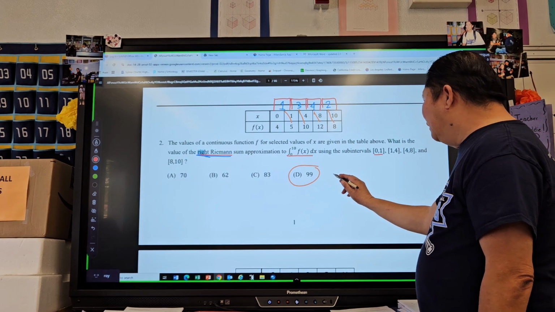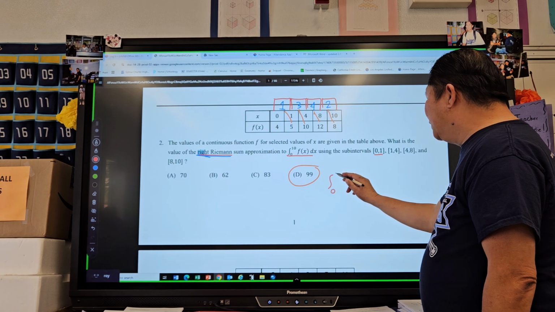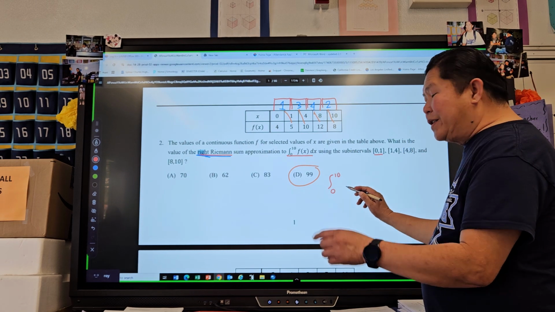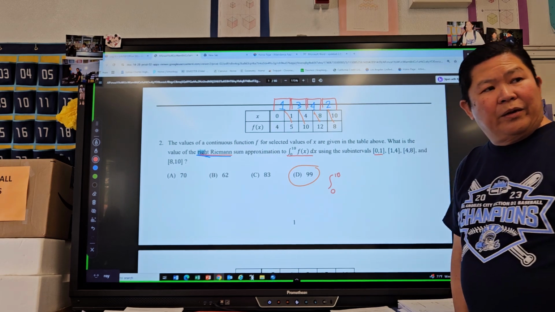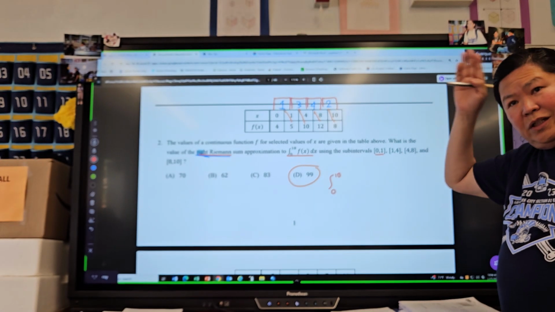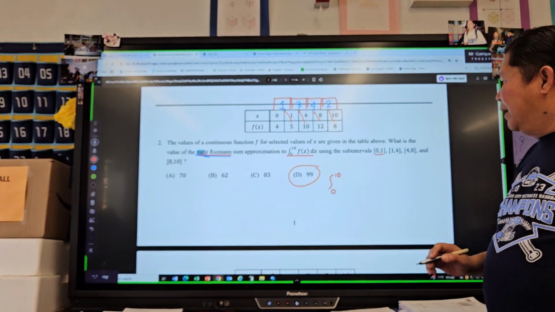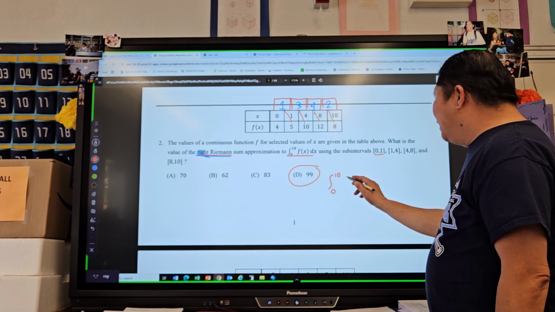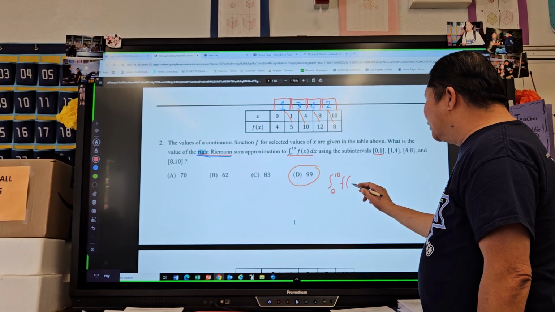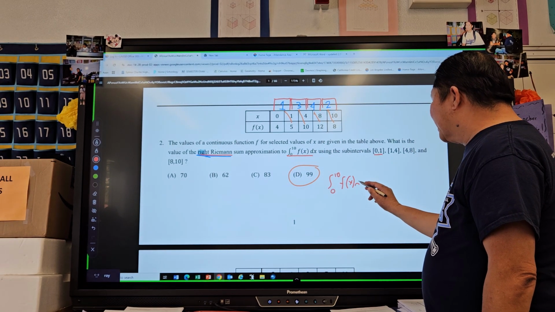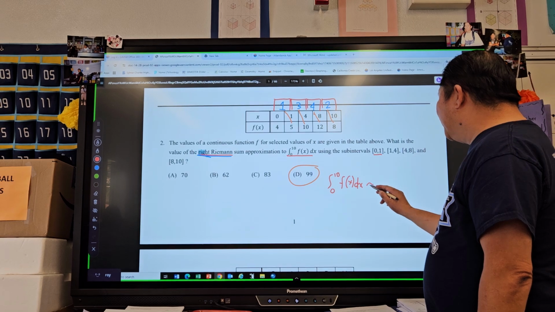So which means you're going to have to write this one. The integral from 0 to 10. Again, the next step is doing free response questions. A while ago we did the test-taking strategy, which is multiple choice. How about the free response questions? From 0 to 10, f of x dx, approximately.